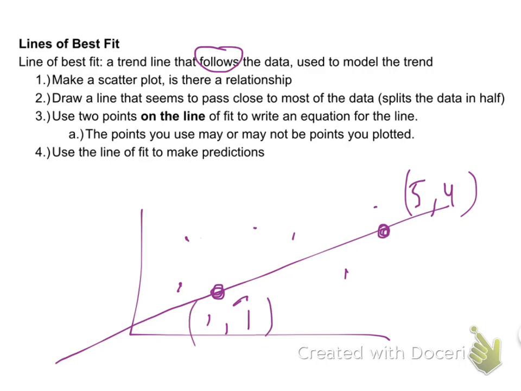You find nice points on your line, because then you can do exactly what you did in 4.1 and 4.2, and that would be to find the slope using the slope formula, then using point slope, using one of those points and the slope, you can find the slope-intercept formula line. And that's exactly what we're doing. We're finding the equation so that we can talk about our data better.